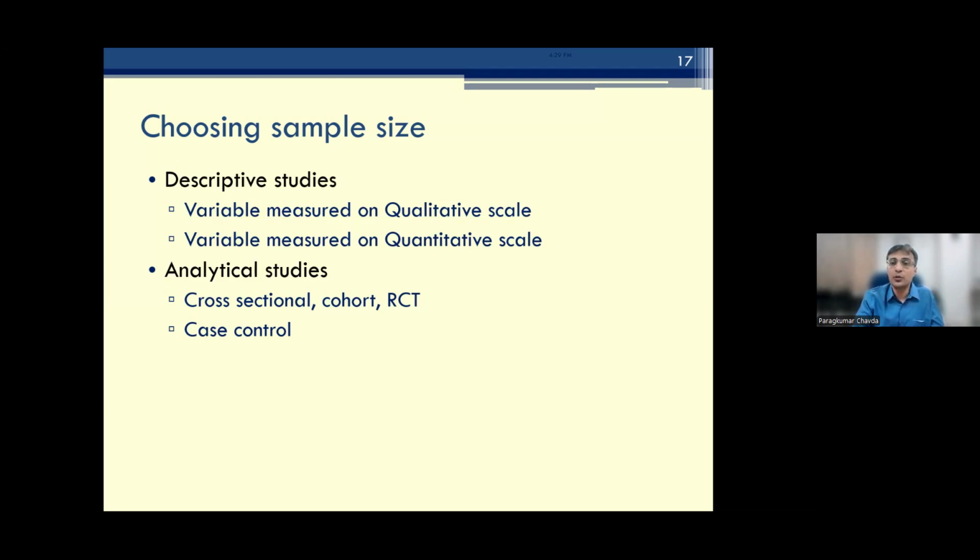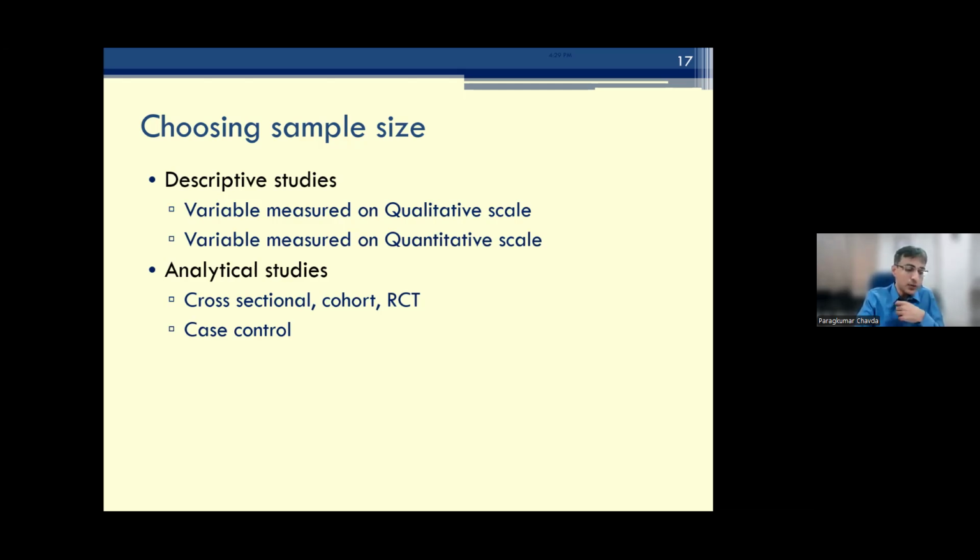If you wish, you can also do it using a simple calculator because the formulas are very simple. For analytical studies such as cross-sectional, cohort, RCT, or case control, the formulas are a little complex. So we utilize the help of computers and computer tools, including tools which are easy to operate and easy to understand, with an easy interface that a non-statistician also finds easy to understand, which are available now.